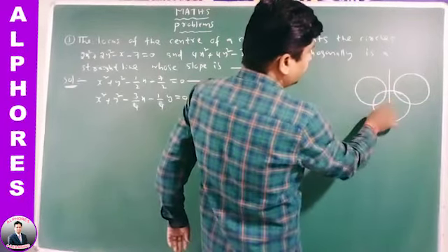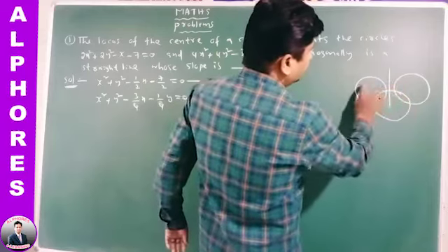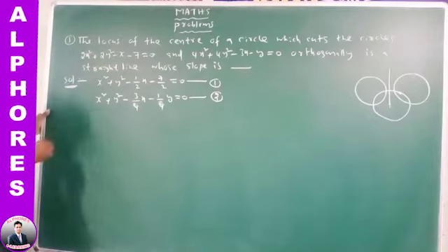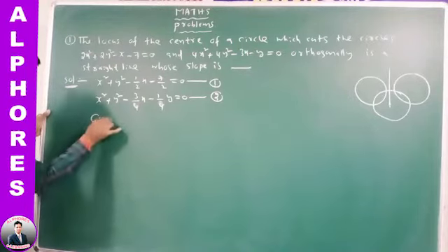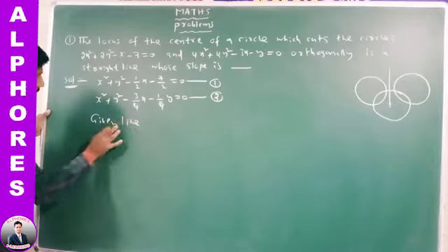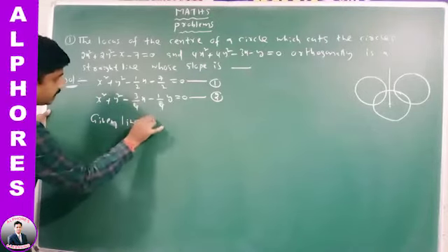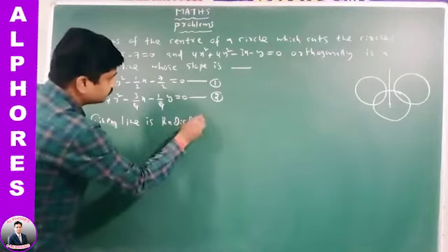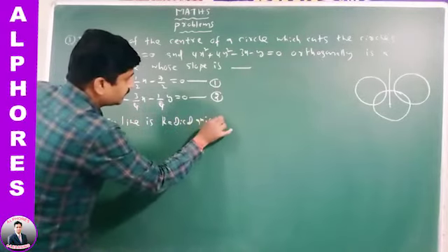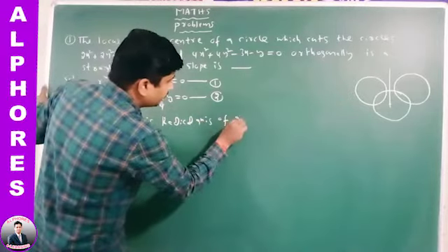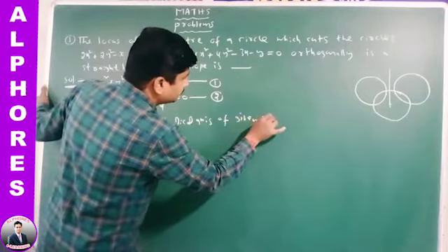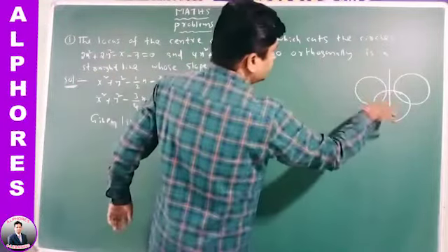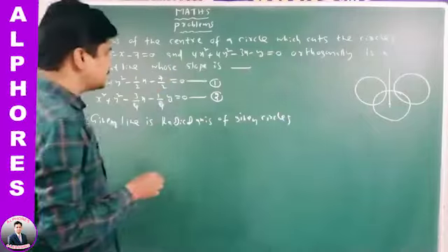So the given line is the radical axis of the given circles.